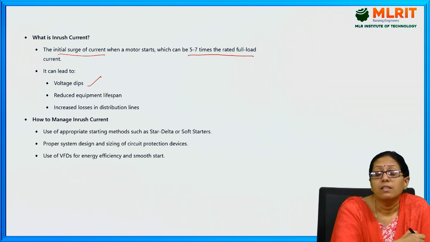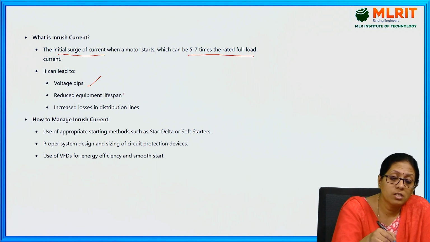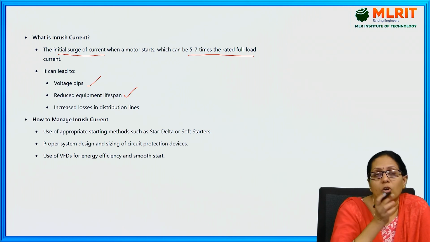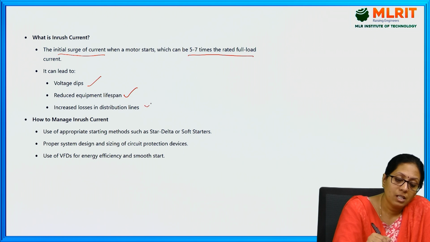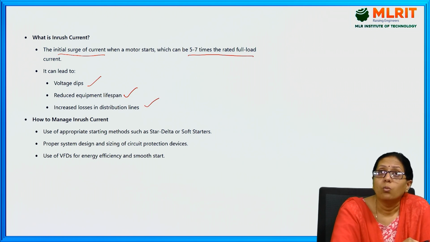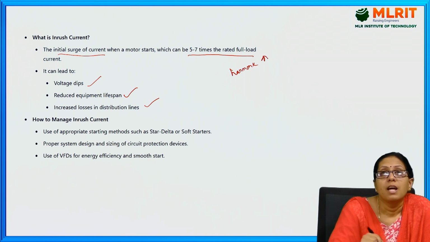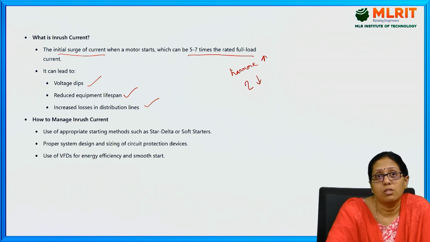As I said, as the current increases, the voltage may reduce, which will cause reduced equipment lifespan. That is, the lifespan of the motor may reduce, and losses in distribution lines increase. As the voltage changes, the harmonics increase. As the harmonics increase, the efficiency reduces.